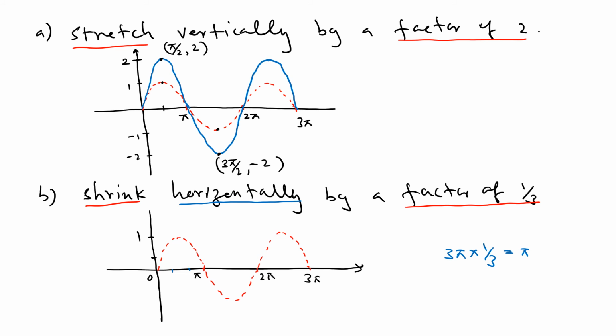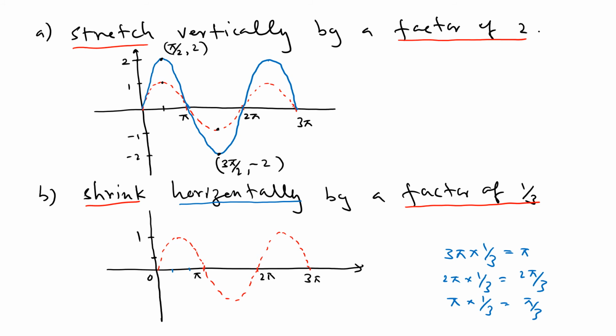The point at 2 pi goes to 2 pi over 3. So the whole 3 cycles, all those peaks, now go in from 0 to pi, because we shrink by 1/3.